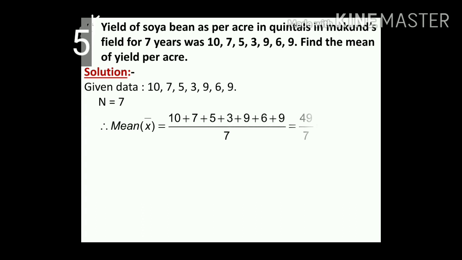Therefore mean equal to 10 plus 7 plus 5 plus 3 plus 9 plus 6 plus 9 divided by 7. When we add all the numbers, children, we get 49 divided by 7, we get, children, 7. So the average is what, children? 7. So the statement: mean yield per acre is 7 quintals.